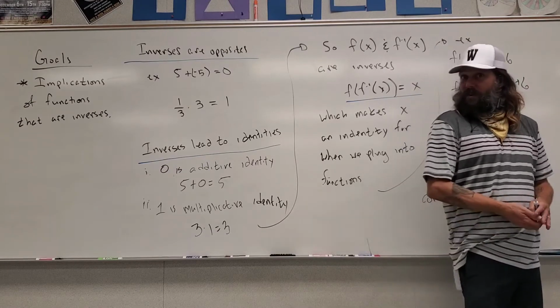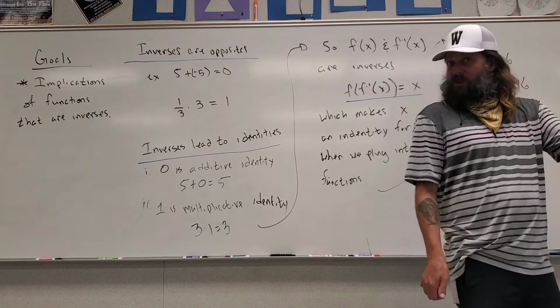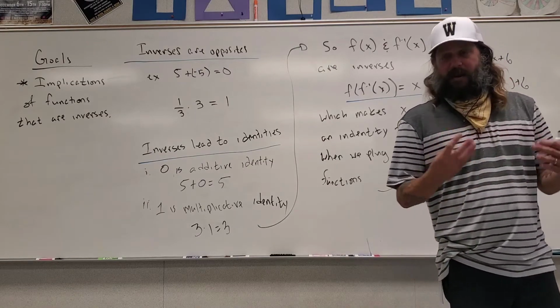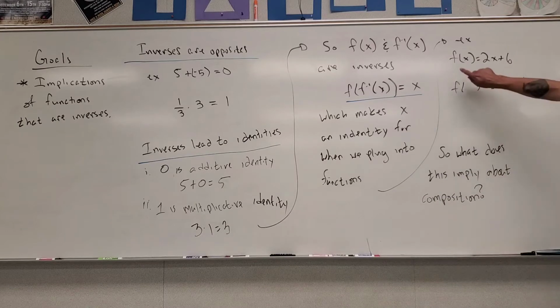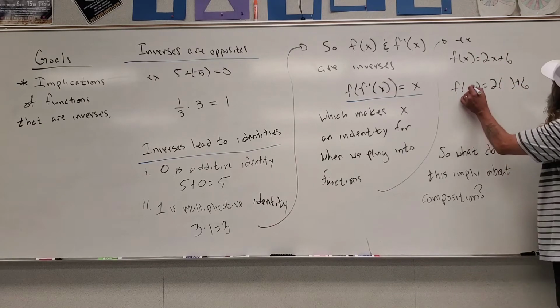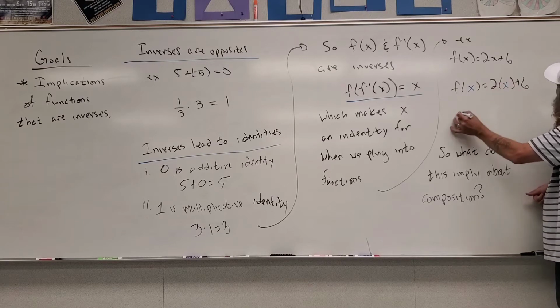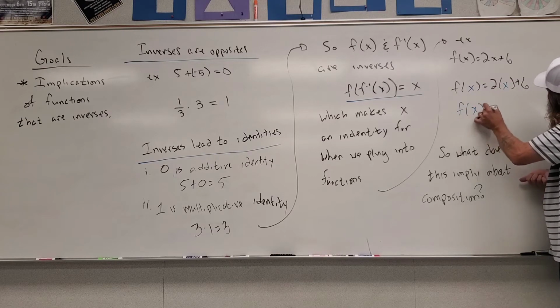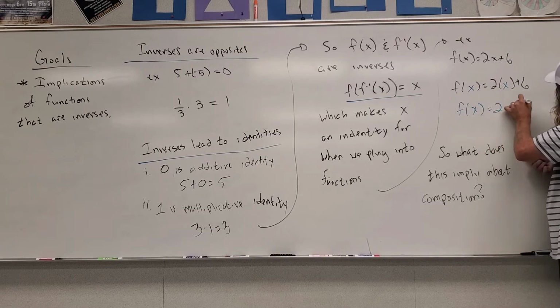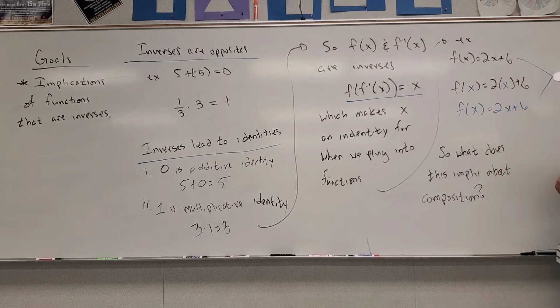What that means is if I plug x into a function, I should get the exact same function back. Right? So here would be an example of my original function. And now I'm going to plug x into my original function. And you see that I get the exact same function back. These two are the same.